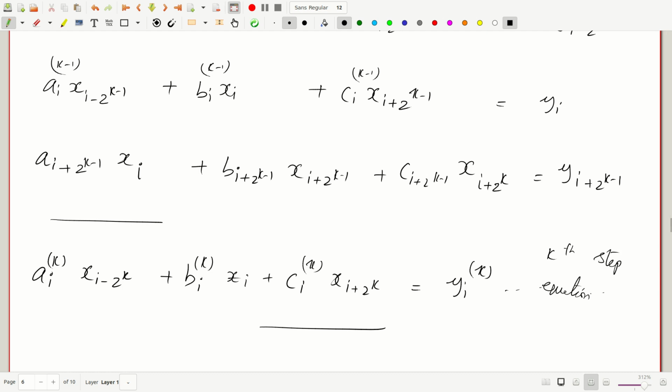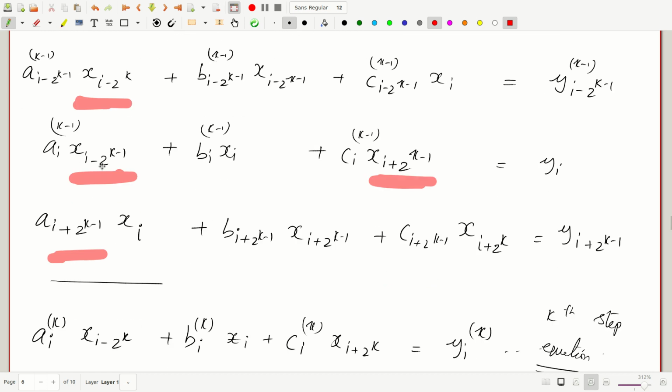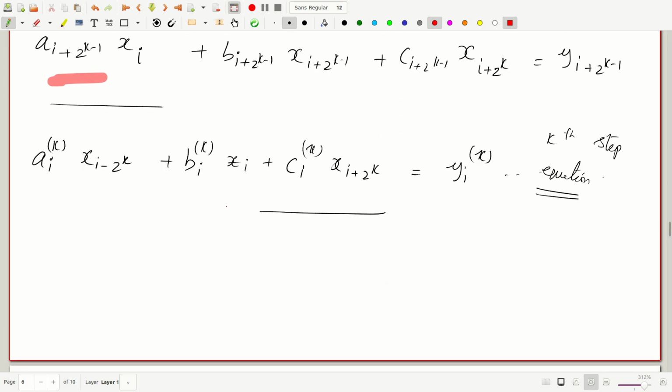After eliminating these guys, right? After eliminating this and this from this equation and this equation, right? Okay, now of course we got these things. So what about the coefficients? Now that we have written the recursive formulae, let us see if we can write the final equations.